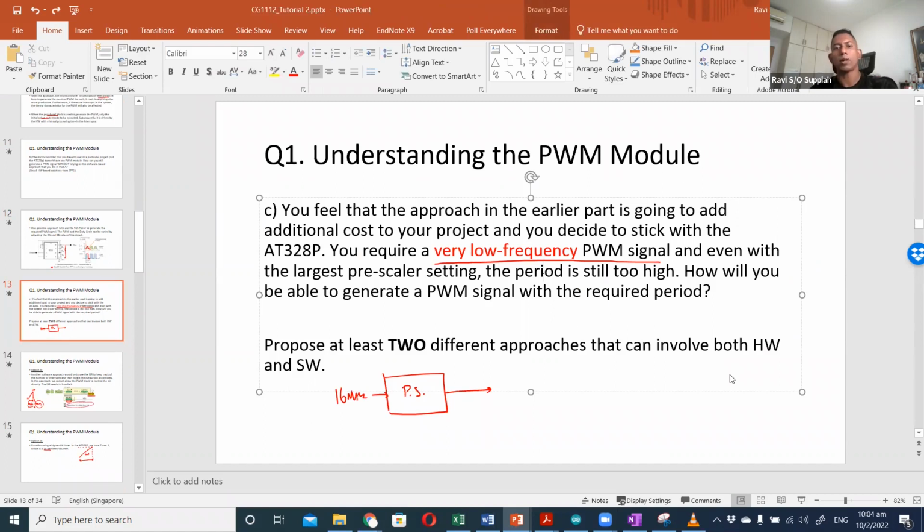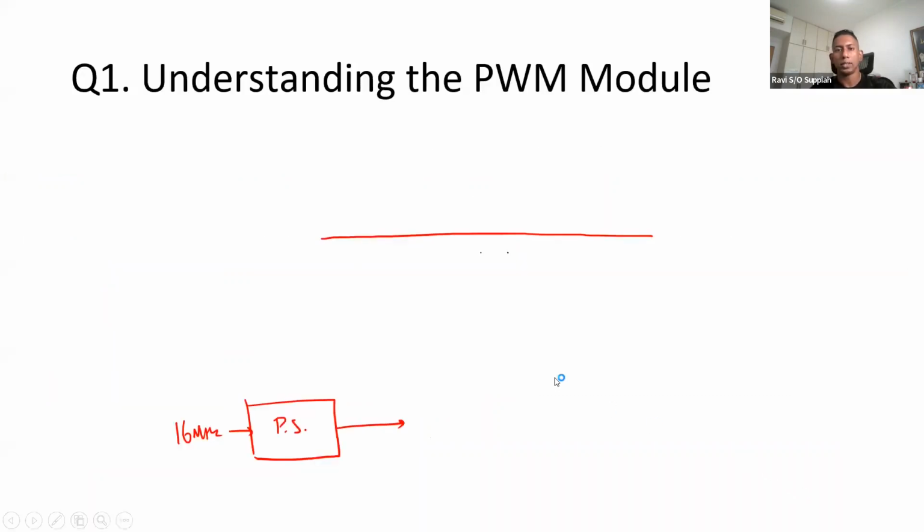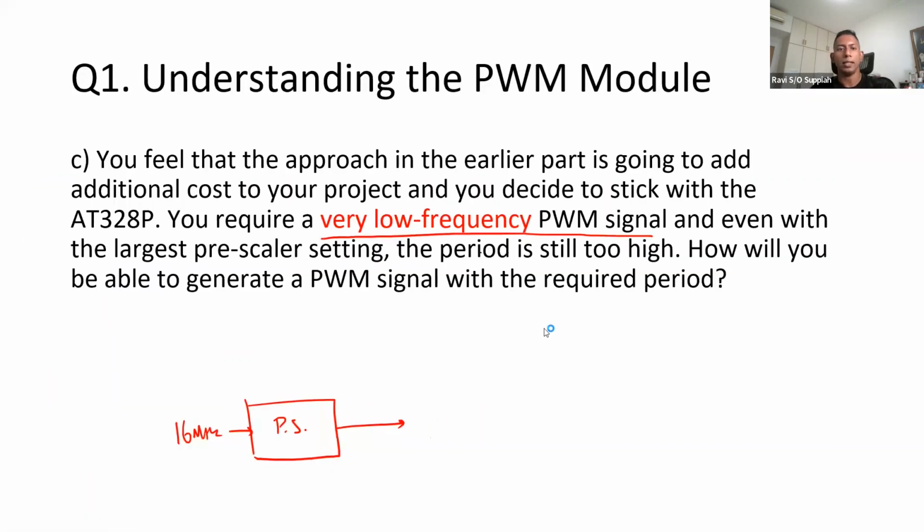The question here is asking: if we want a very low frequency signal, and after using the largest prescaler setting the period is still too high, or you can think of it as the frequency still being too high, how do I generate that even lower frequency signal?